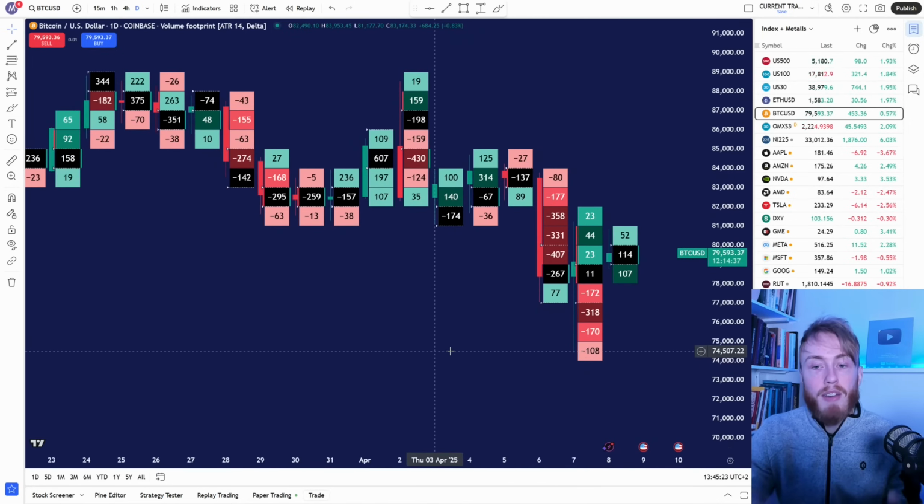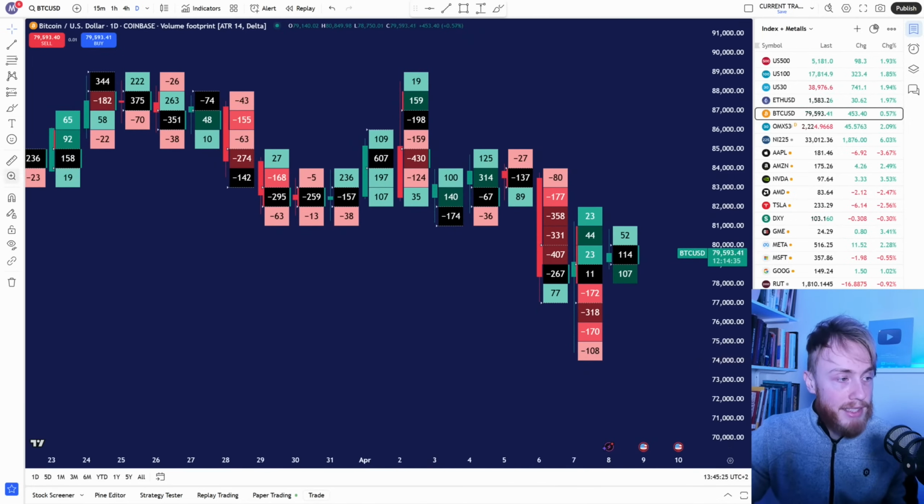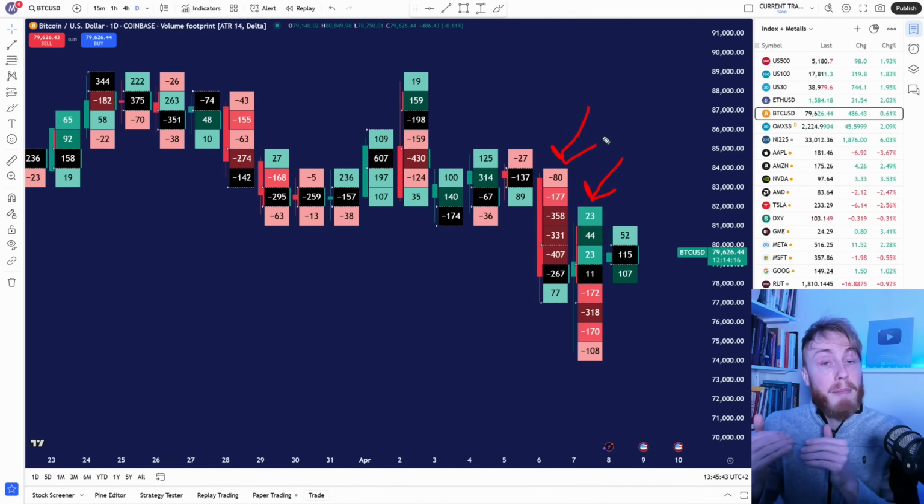Because now instead of having both the buy and sell side, we will simply see the buy volume minus the sell volume. So when we have green bars, this means that we had more buy volume than sell volume at that particular level. And when we have red bars, that means that we had more sell volume than buy volume at that particular level.